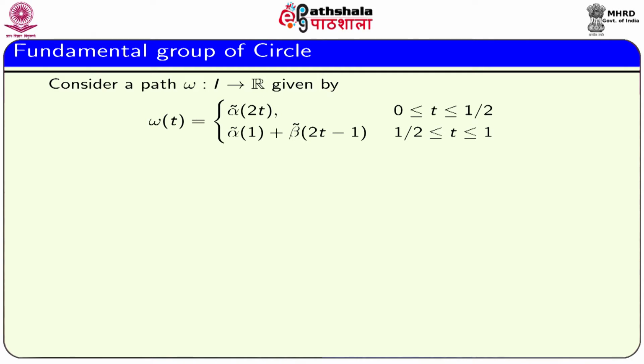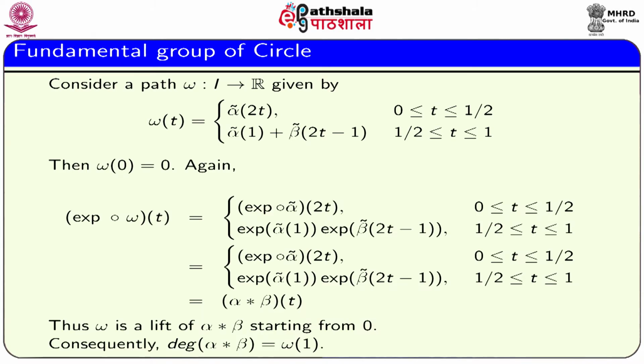Now, we consider a path omega from I to R given by this expression: whenever t lies between 0 and half, omega t is alpha tilde 2t, and whenever t is between half and 1, omega t is alpha tilde 1 plus beta tilde 2t minus 1.